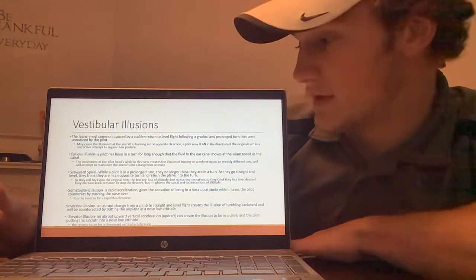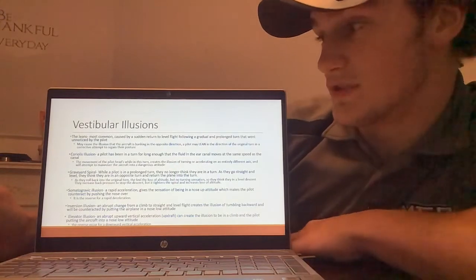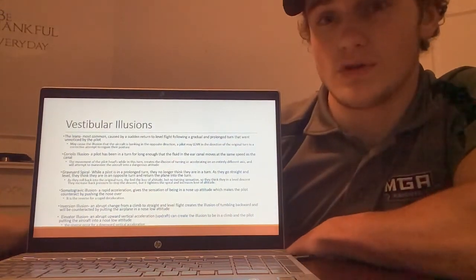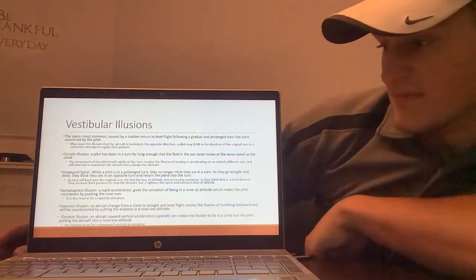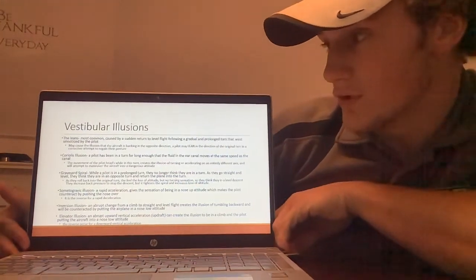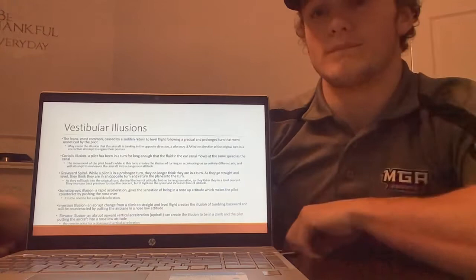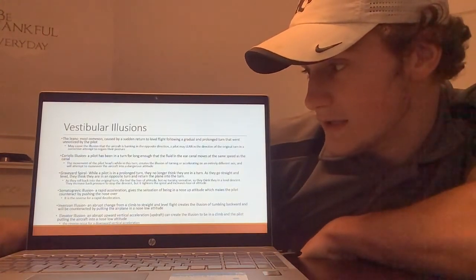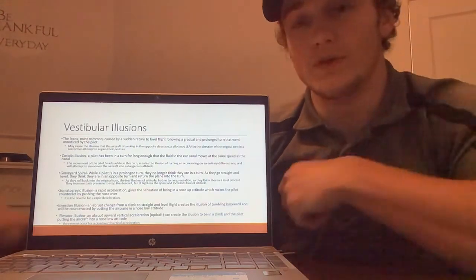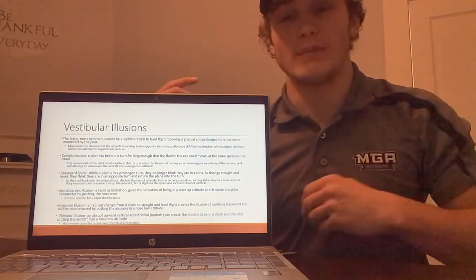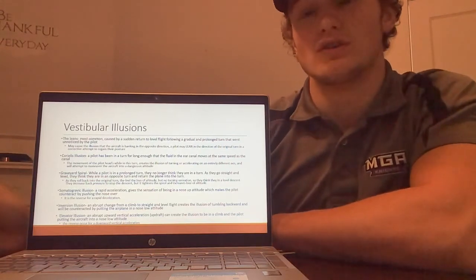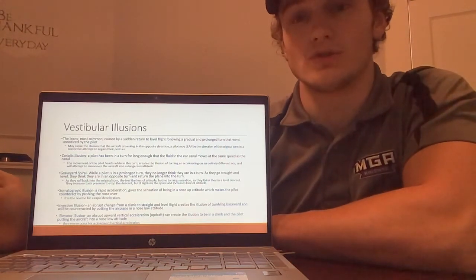The first one is the leans, which is one of the most common, and it's caused by a sudden return to straight and level flight during a prolonged turn. While you're in that turn, the fluid inside your ear stops moving, it starts to move at the same speed as the inner canal, so you feel like you're straight and level.